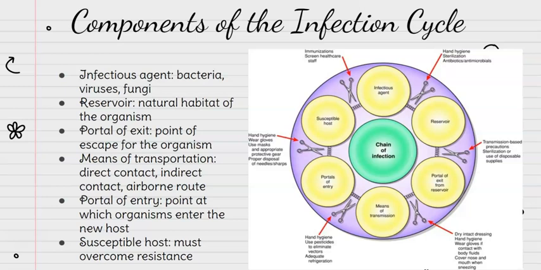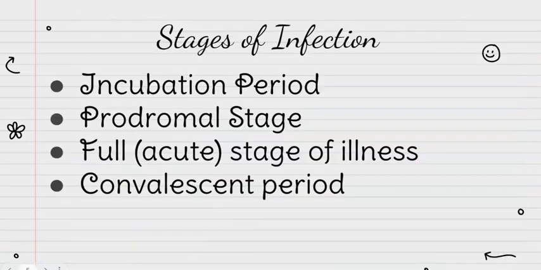And then the susceptible host is the person that the pathogen enters, and in whichever way it does, can the host either fight it or will they be susceptible to it? Knowing the components of the infection cycle, we can then figure out how to break that cycle in order to prevent infections and illness.